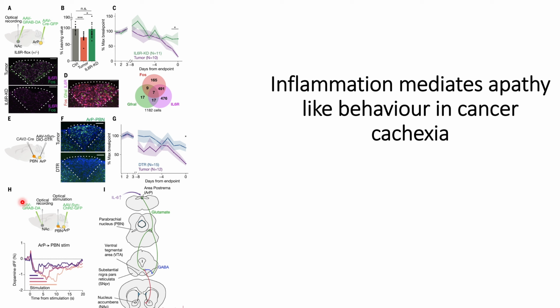So here they knocked down this ARP PBN using the reagent DTR. And in panel H, they knocked down the ARP PBN using an AAV virus, which has these GFP reporters.